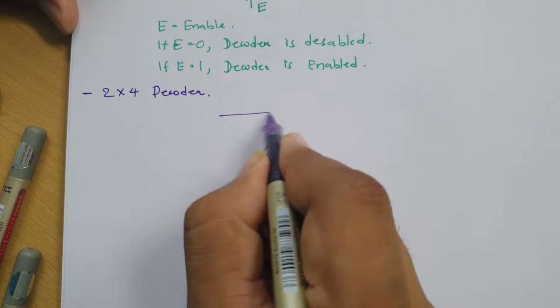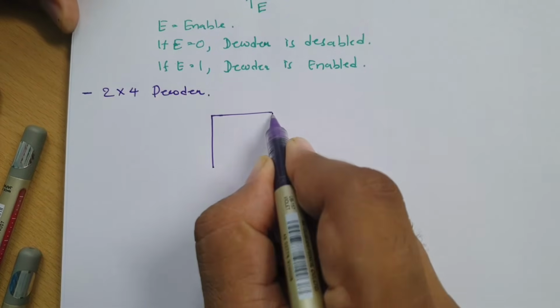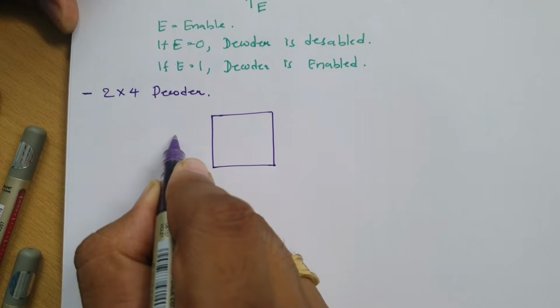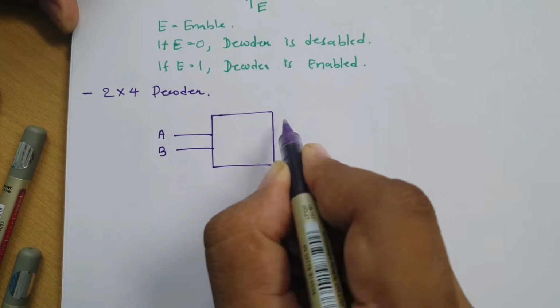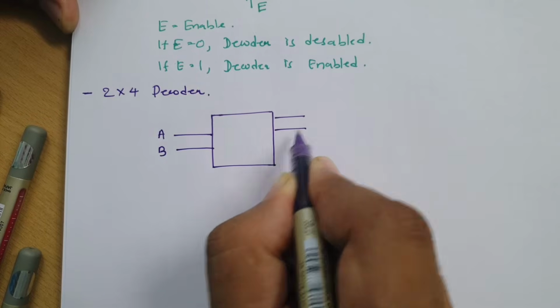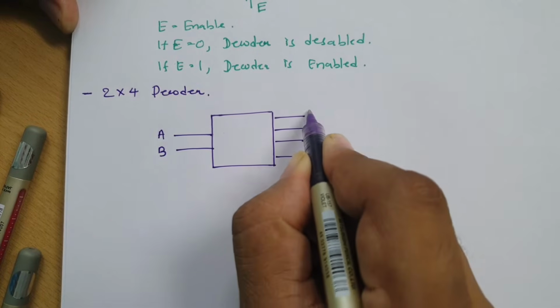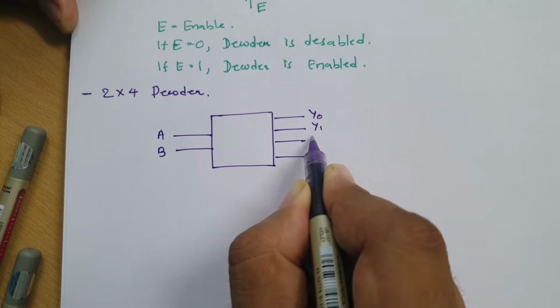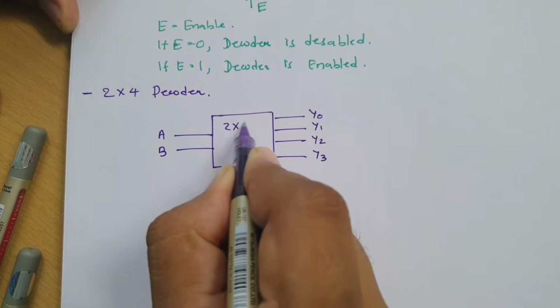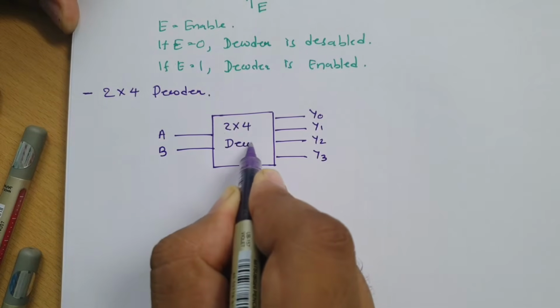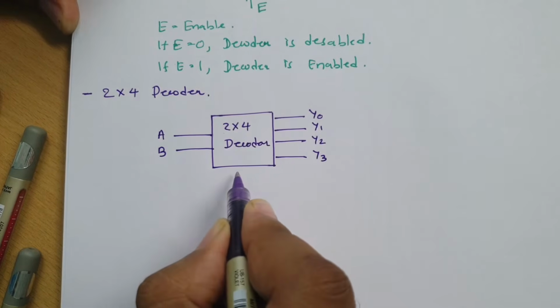So with this decoder circuit we have 2 inputs, let us say A and B. Then we have 4 outputs, let us say Y0, Y1, Y2 and Y3. This is our 2x4 decoder.